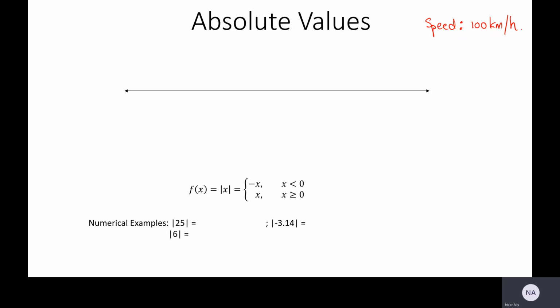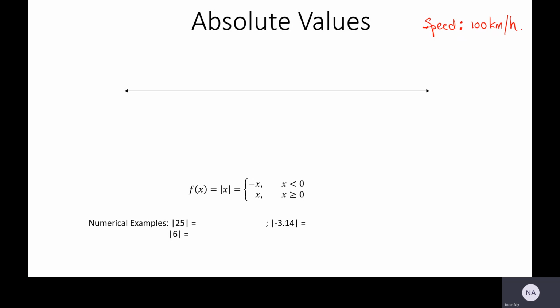Then a minute or two later, you notice a car approaching from your left. So you look to your left and you notice that car also passes you at 100 kilometers an hour. But either car, you will still refer to the speed as being 100 kilometers an hour, irrespective of the direction from which it approaches.